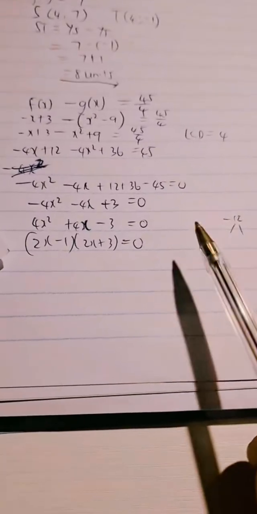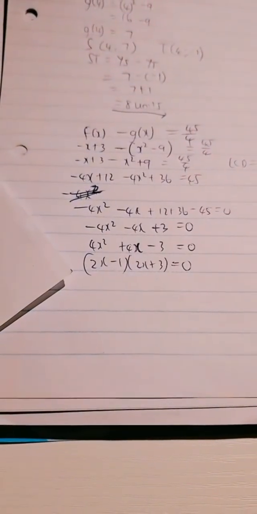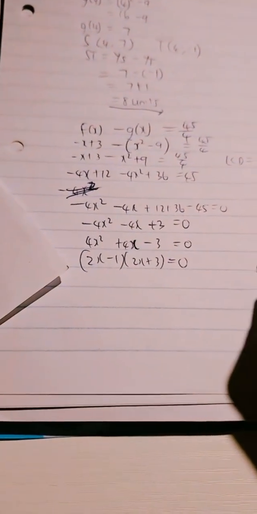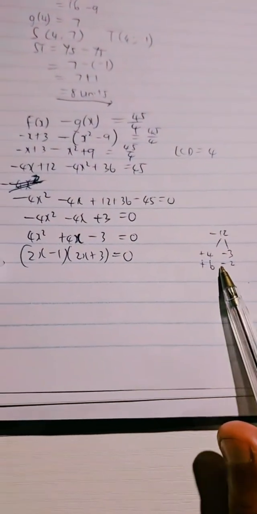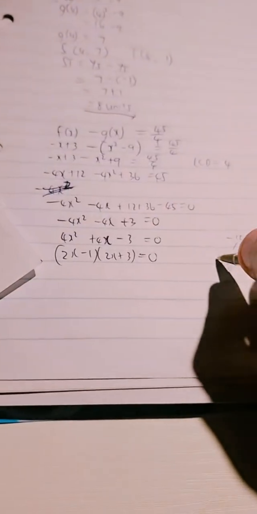A positive and a negative. Okay, factors of 12. We have 4 and 3. We have 6 and 2. Specifically, positive 6 and negative 2. The big number having the sign, that's positive. So 6 minus 2. This one will work.